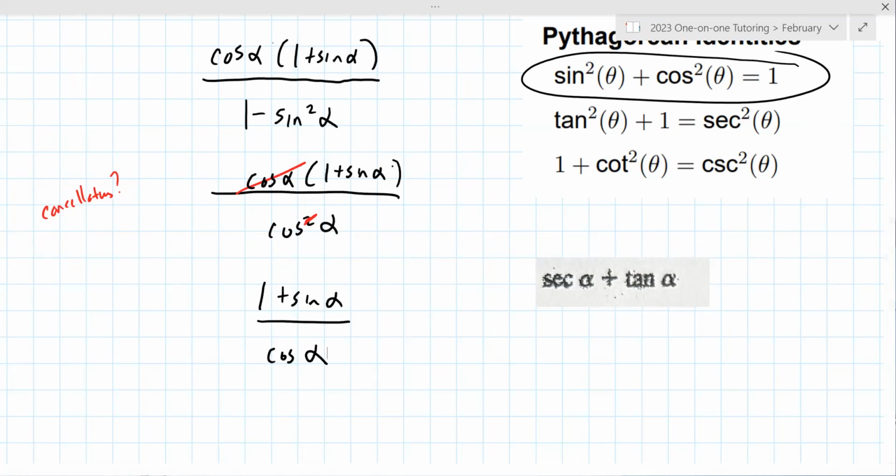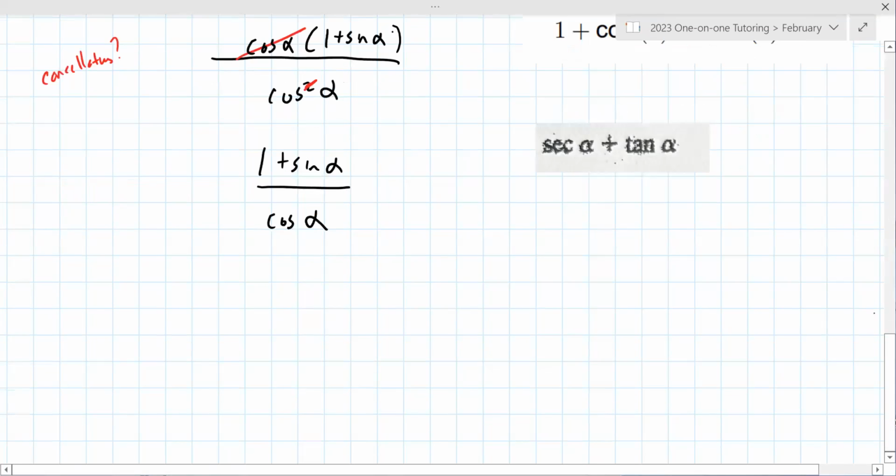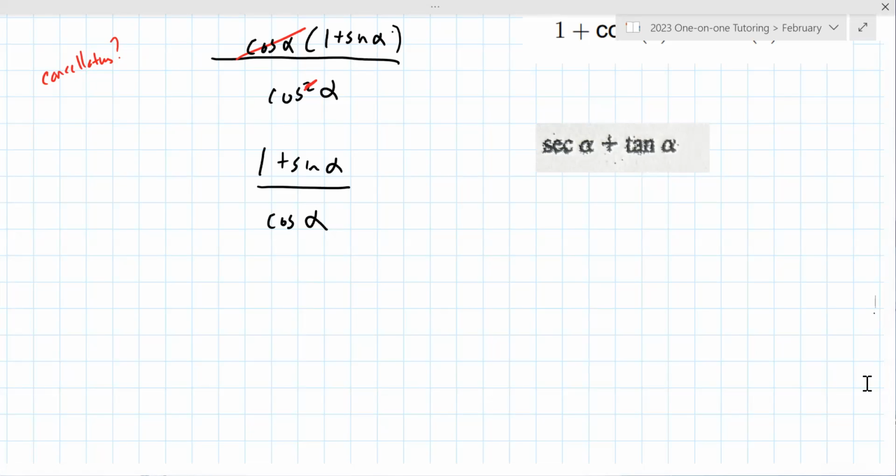Cosine. So now you would make the bottom 1 over, or wait, where's secant at? Would the bottom become 1 over secant?